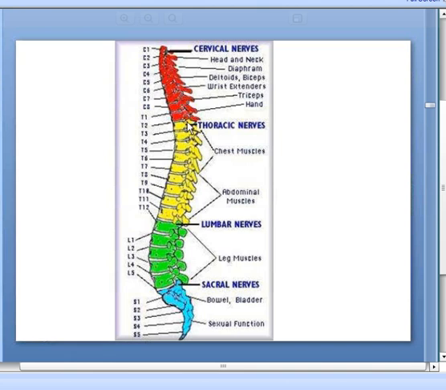And you might remember the phrase "C5, still alive," because the general rule is that if you have a significant spinal cord transection below the C5 level, you'll probably live, but if it's above the C5 level, you probably won't. That's where they get the phrase.